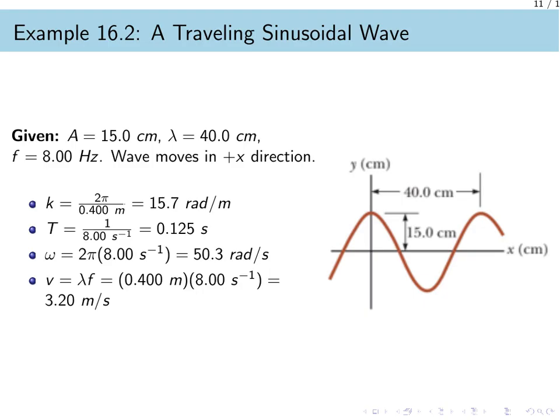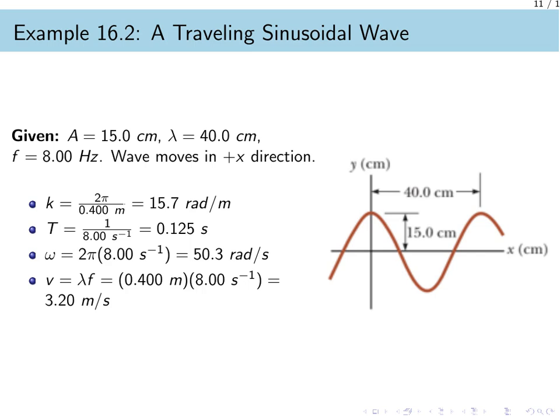Let us look at a practical example. We have a wave moving in the positive x direction with an amplitude of 15 centimeters, a wavelength of 40 centimeters, and a frequency of 8 Hz. First, we find the wave number by dividing 2π by the wavelength of 0.4 meters, giving 15.7 radians per meter.